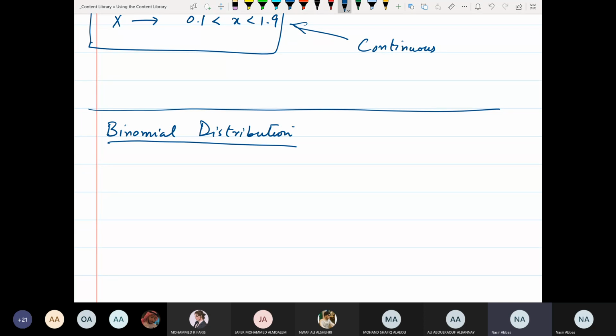And this is the distribution where most probably in question, it will not use the word binomial distribution. You have to identify that x is binomial from the properties of binomial distribution. And I'm going to tell you those 4 properties. For every binomial random variable, those 4 properties are satisfied.